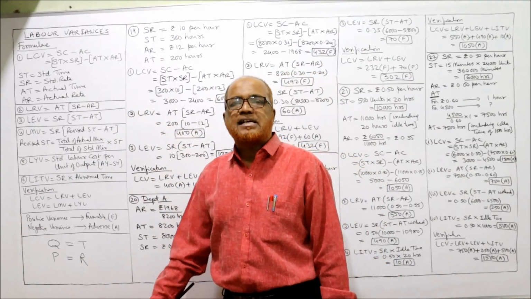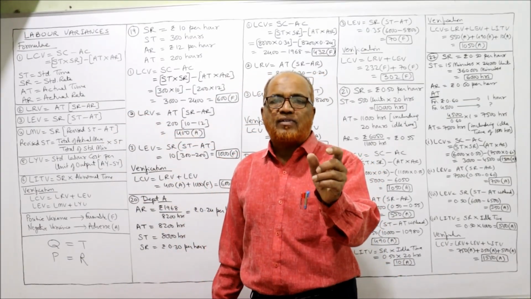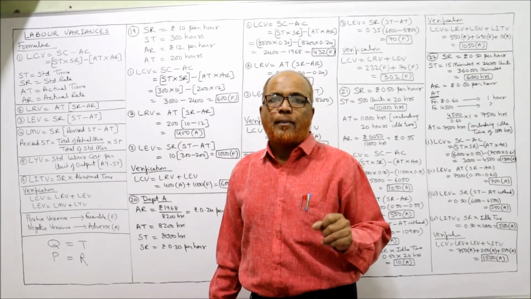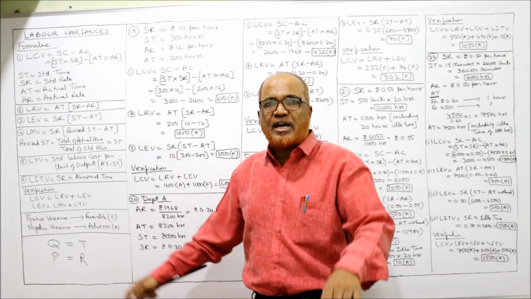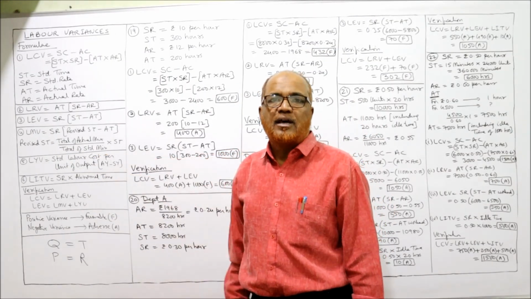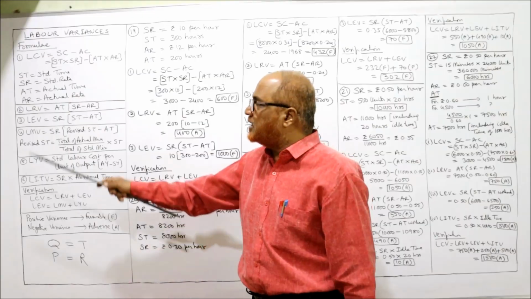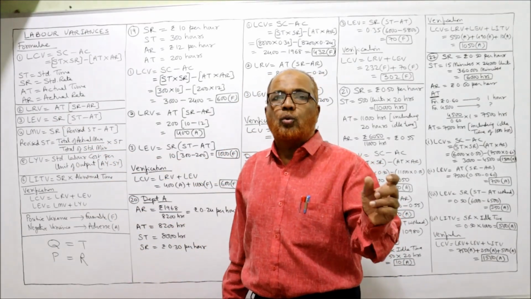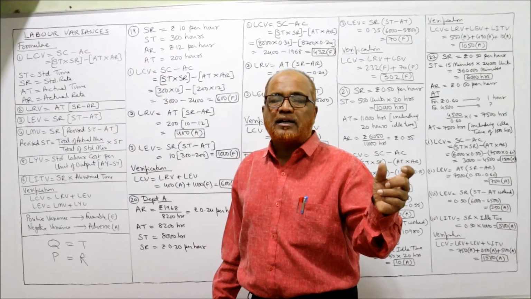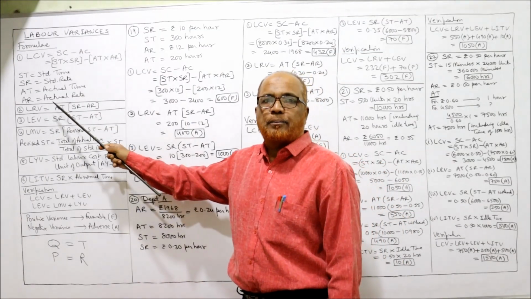Now second formula is LRV. LRV is very much similar to MPV, material price variance. The material price variance is changed into labor rate variance. Instead of P, I am writing R. So there the formula was AQ, actual quantity. Here I am writing actual time.